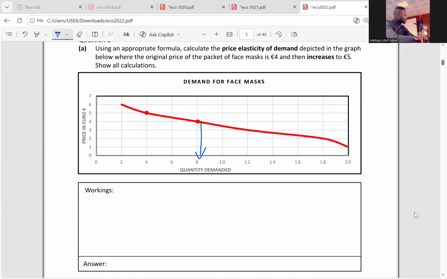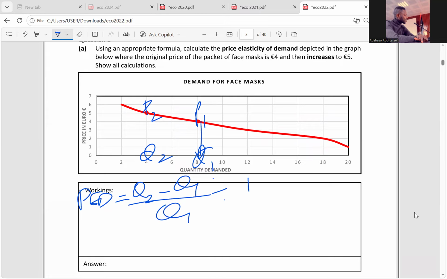This is P1, Q1, then the price increases to 5. That's P2, then we have Q2. So PED is Q2 minus Q1 over Q1, divided by P2 minus P1 over P1.